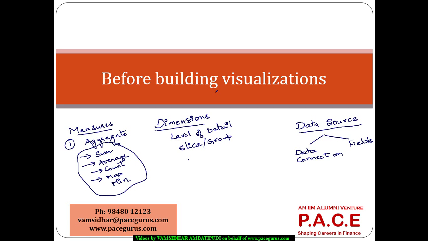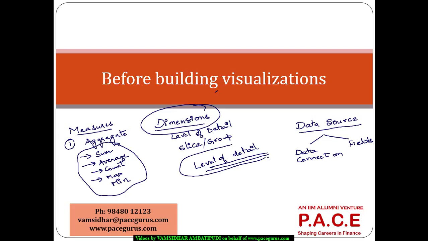So based on the level of dimension that we are creating, that is what we talk about the level of detail of that particular view or of that particular visualization. So based on the dimension, I can very well talk about the level of detail of that particular visualization.